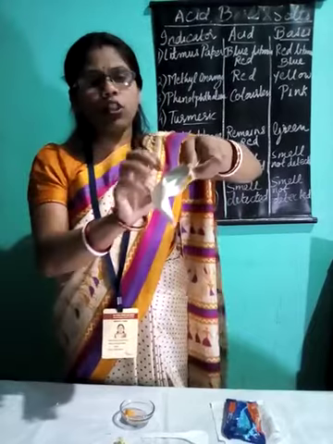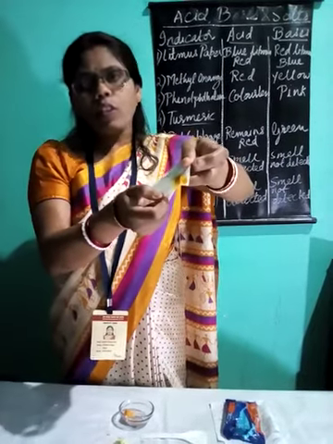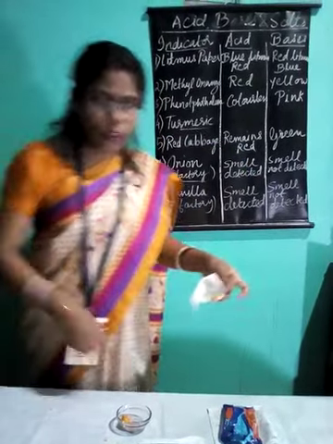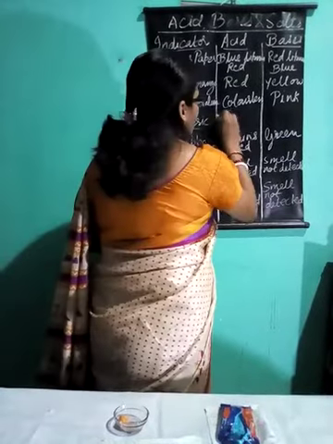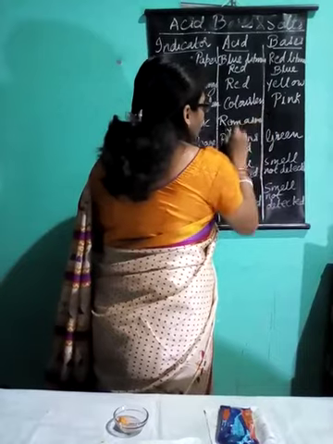Does the color change? I too don't know what happens. You just tell me. Can you see any change in color when acid was put? Turmeric is yellow in color. There is no change in color when I put acid on this. So it remains yellow.